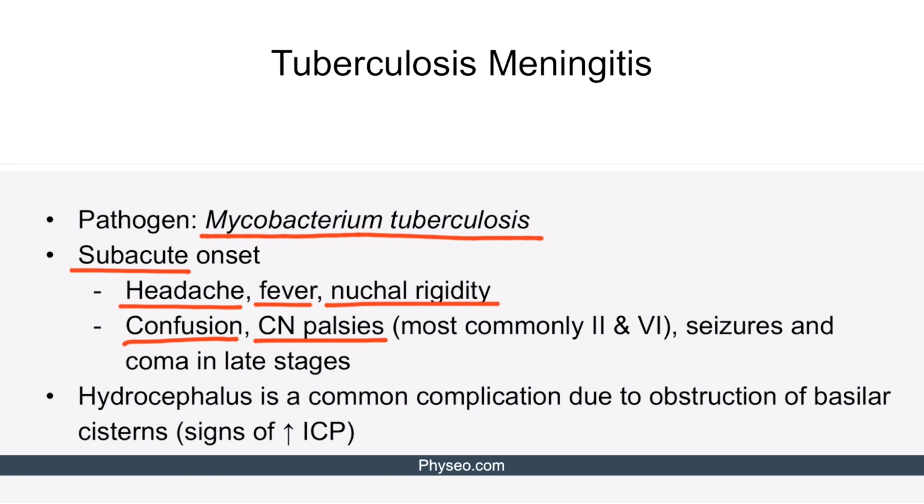Then seizures and a coma can ensue in later stages. Also, hydrocephalus is a common complication of this type of meningitis, and this is due to the typical occurrence of basal meningitis and obstruction of the basilar cisterns. So the key takeaway here is to think of tuberculosis meningitis as commonly blocking the flow of CSF. So naturally, there's going to be increased intracranial pressure here.